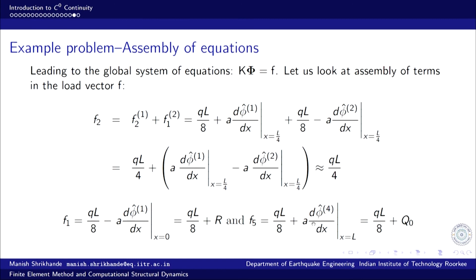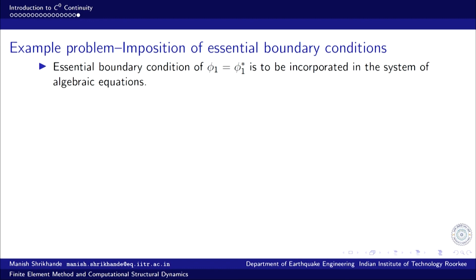This is the natural boundary condition that is applied. So, this stress resultant is to be imposed as the applied boundary condition, and with this we have the complete assembly of the system and we can proceed with the imposition of boundary conditions.